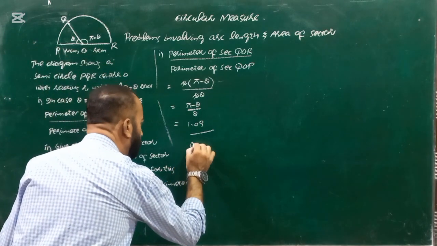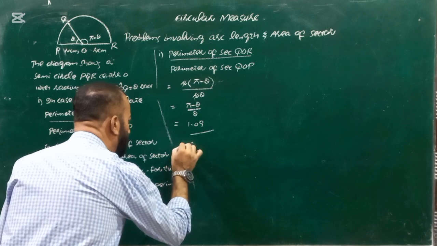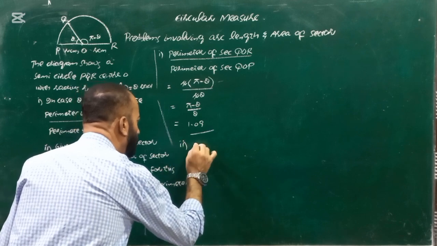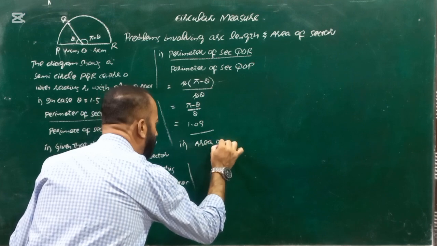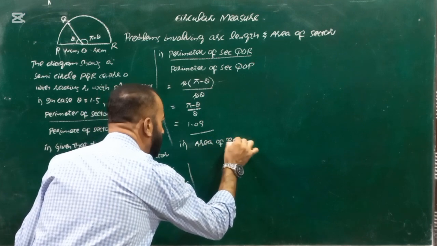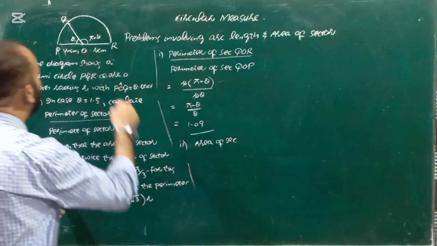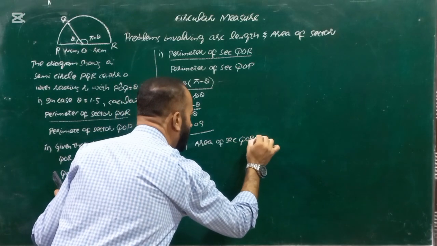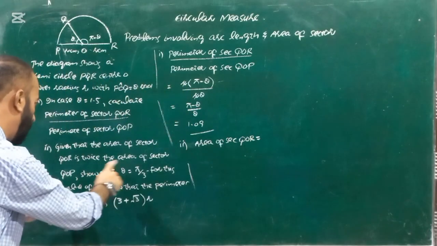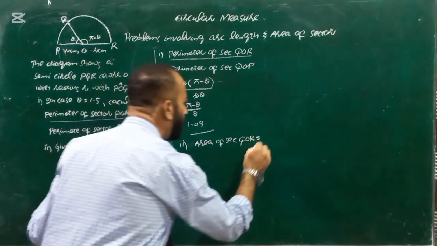So look now, in second part, area of sector QOR is twice the area of sector QOP.